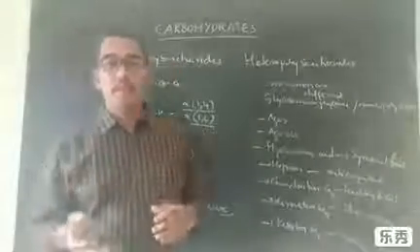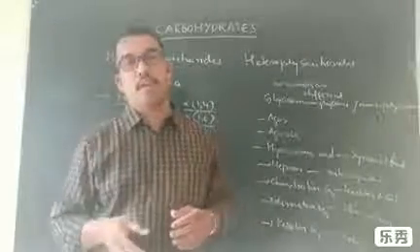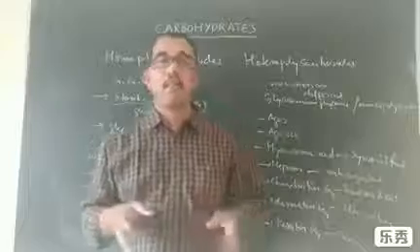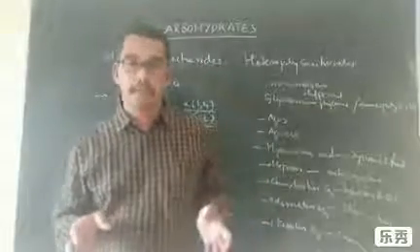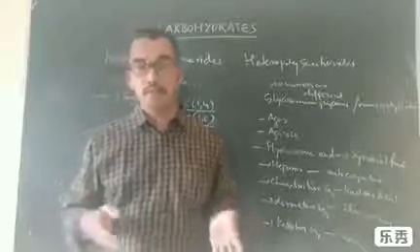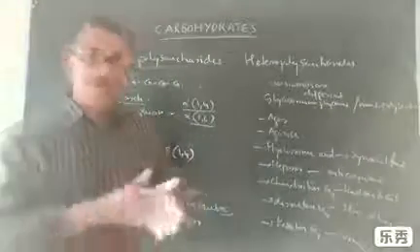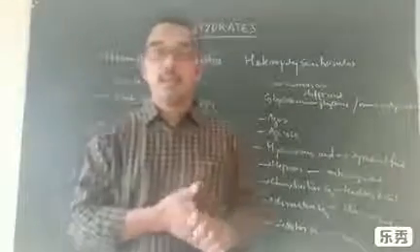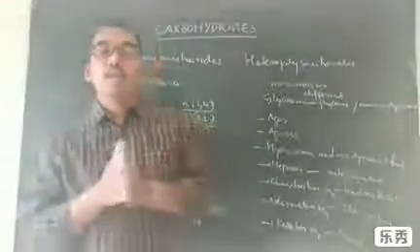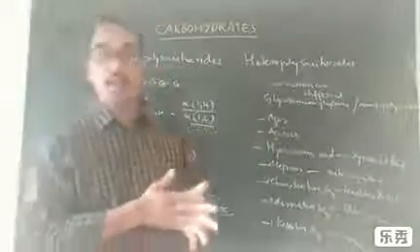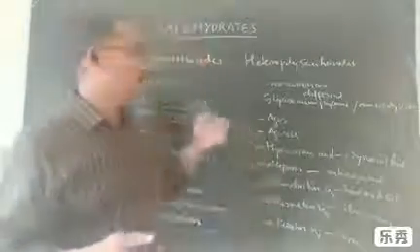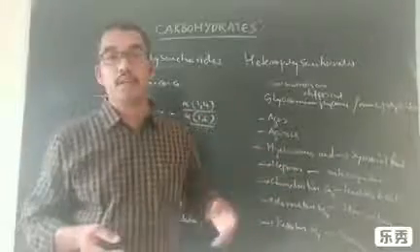Now we will go for the functions of carbohydrates. For the functions of carbohydrates, we must remember the examples. Glucose is the energy provider of the human body. It provides 4 kilocalories of energy per gram. Then sucrose, it is table sugar.